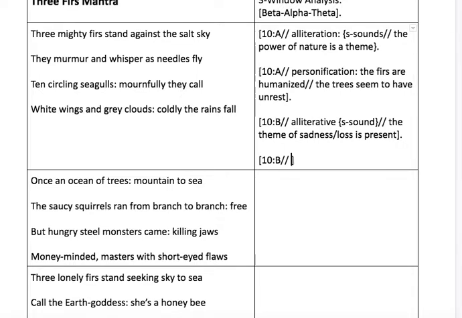And then let's finish off the stanza. White wings and gray clouds, coldly the rains fall. So once more, we've got alliteration, white wings, both start with the W sound. And again, this idea of cold rains, that's kind of all together.